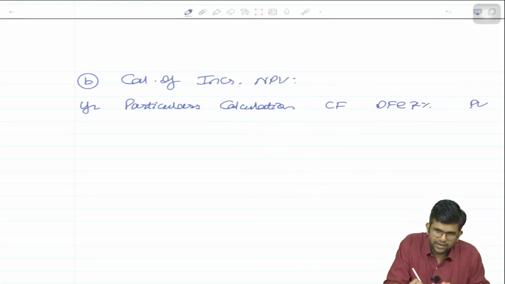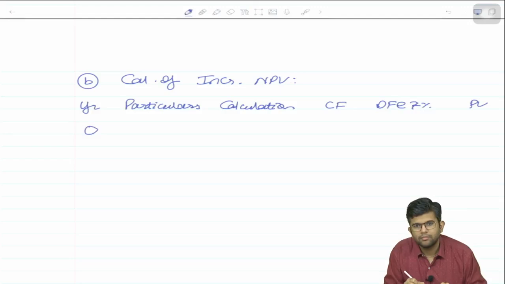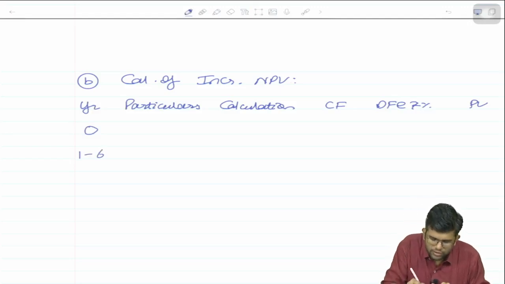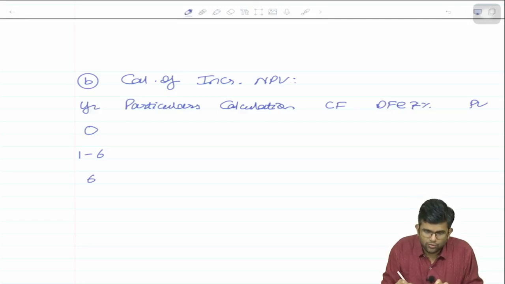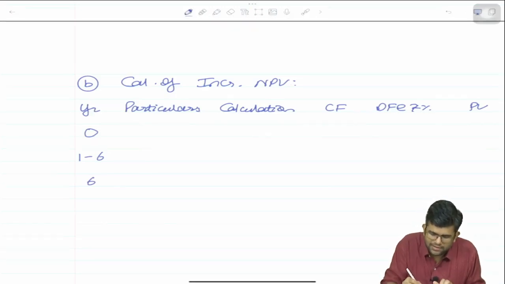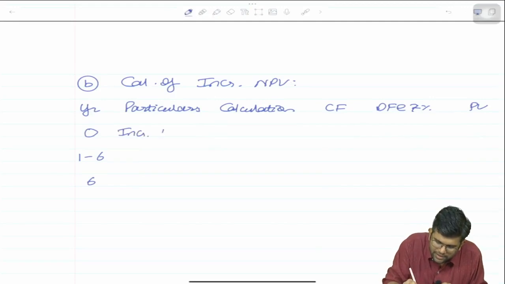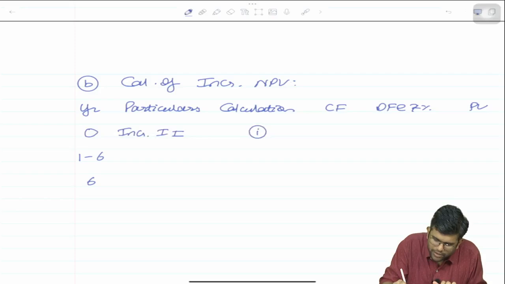Can I say there is a 0, there is a 1 to 6 and there is a 6. In year 0, I will say incremental initial investment according to point number 1 above is negative 18 million. Everyone clear till here?